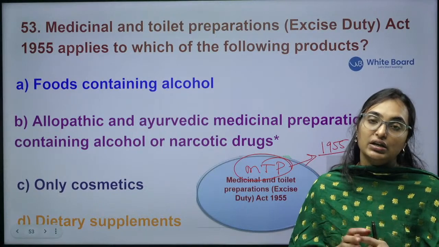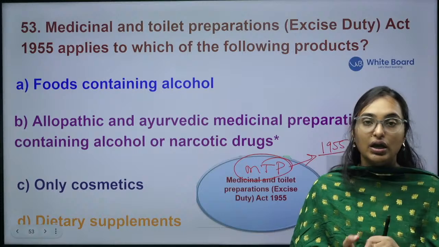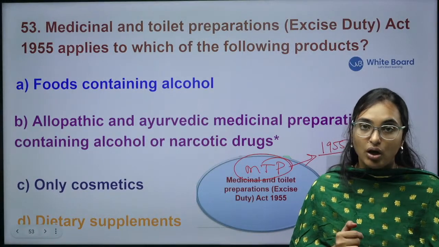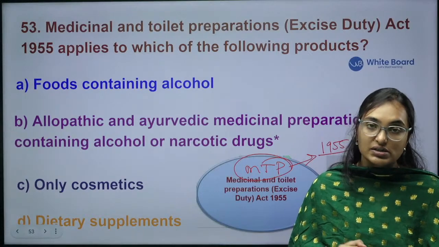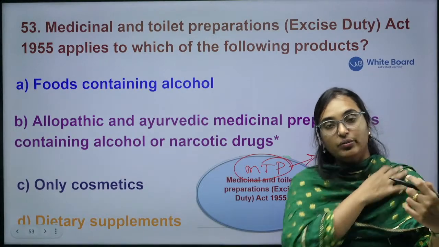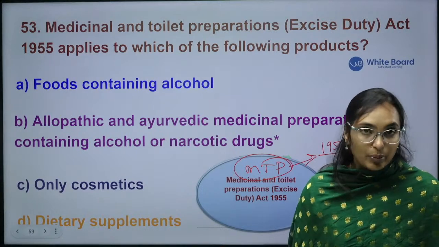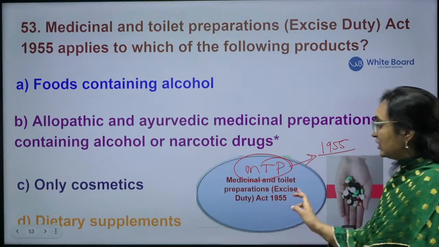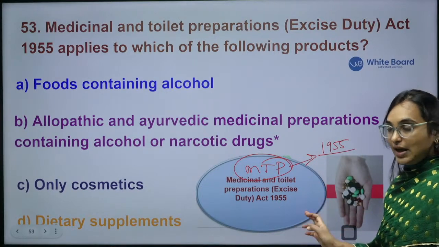If the ingredients in either the Ayurvedic or allopathic preparations contain alcohol or any narcotic substance, then the excise duty will be levied on that particular preparation, on that particular formulation. So that is called the Medicinal and Toilet Preparations Act 1955.